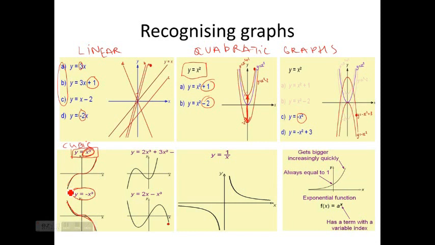So the original, let's call it, the main one that you guys have to remember, looks like this. And the negative one is the other way around, basically. Yeah, so it's just a reflection in the y-axis, if you want to call it that.